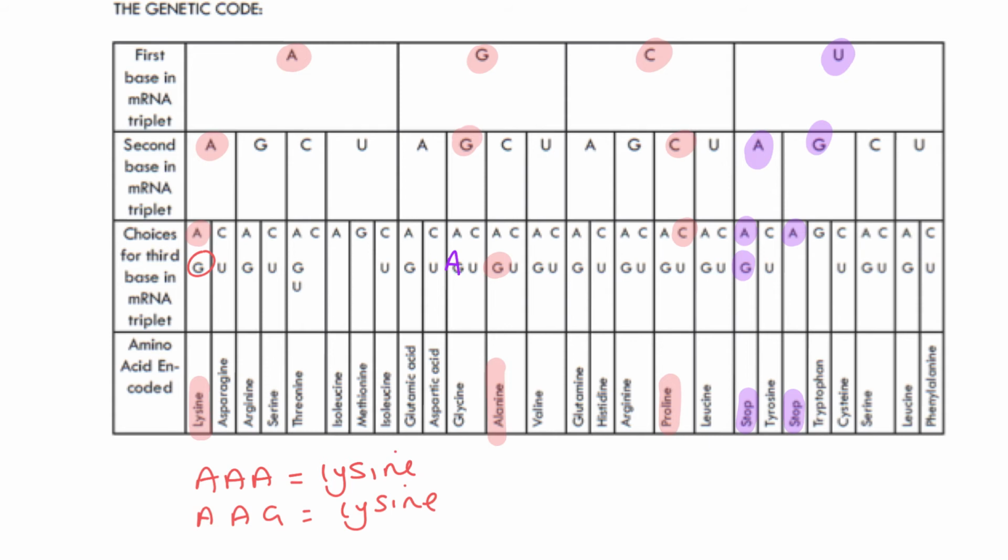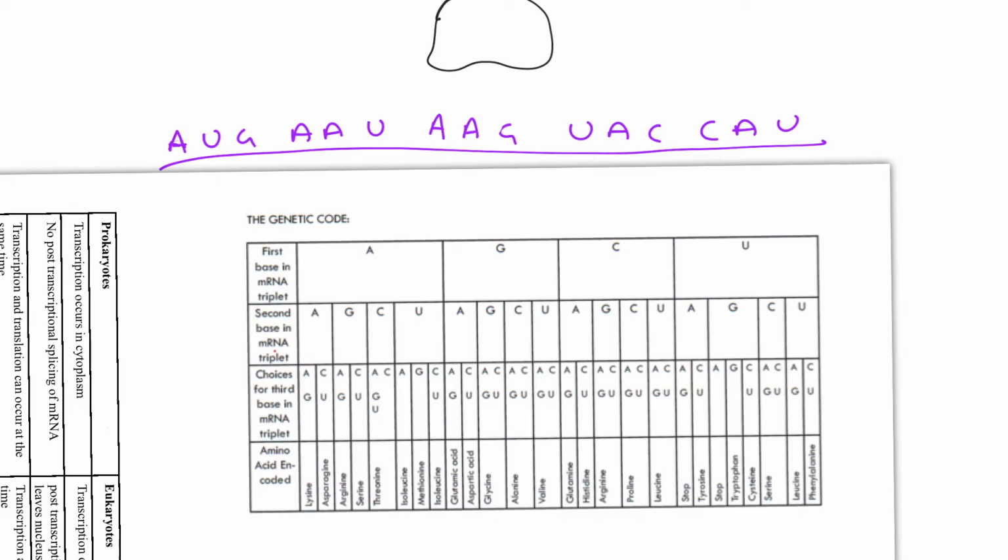So we'll come back to this table in a minute, but this table is really important in understanding how to read our mRNA. Let's just take a minute to compare it with the strand that we have and see if we can work out what amino acids our mRNA chain is coding for. Let's take a look at the first one. The first one is AUG, and we can see AUG codes for methionine.